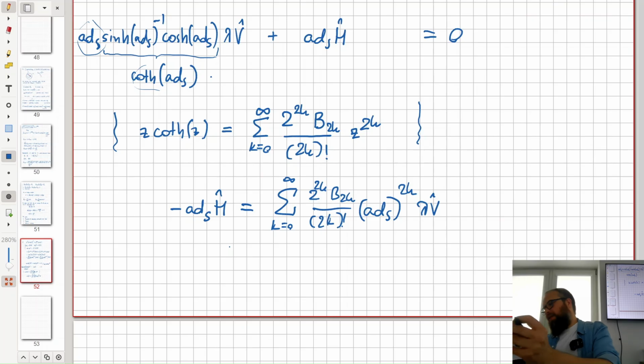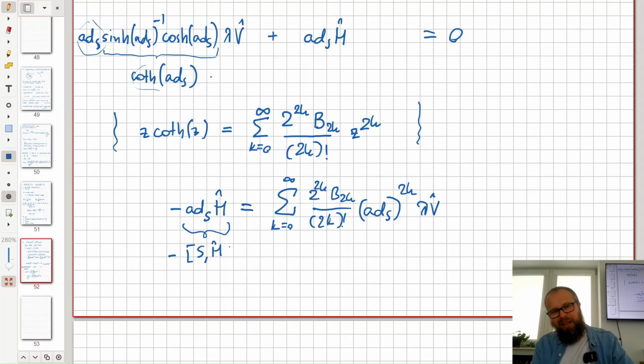One more thing to note here. Look, what is this? So this is minus S commutator with H. But this is just one minus away from S commutator with H, aka adjoint H on S. This is a thing to note.